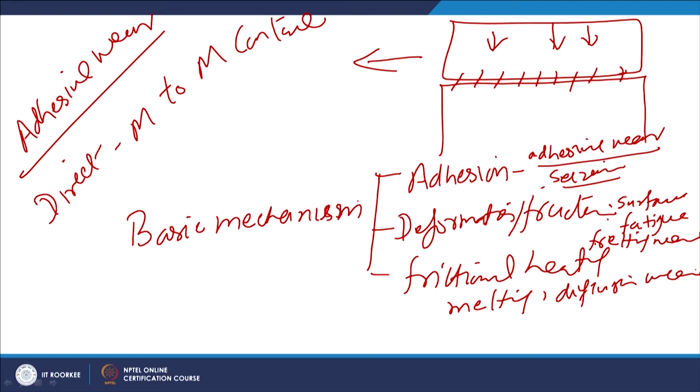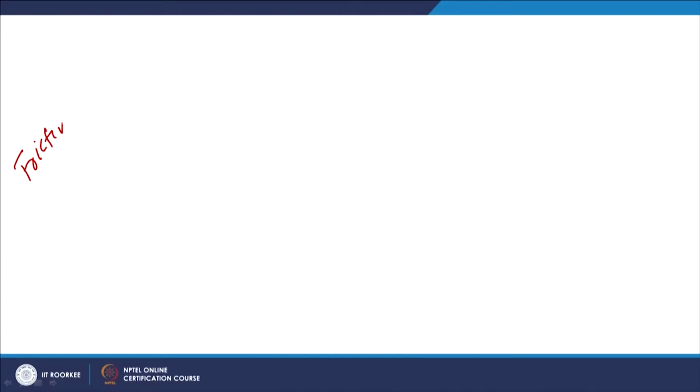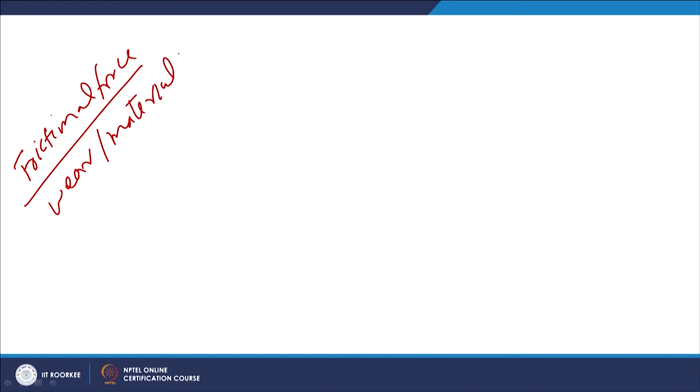seen in all these cases, the direct metal to metal contact which exists governs the frictional force generated during the relative movement, or the frictional resistance which has to be overcome to maintain the sliding, and the wear or the material loss from the functional surfaces.